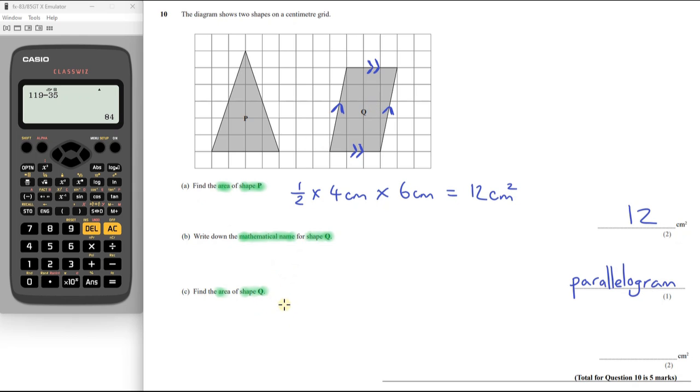So it's going to be the base, which is 1, 2, 3 centimetres, multiplied by the height. And when I mean height, I just mean the vertical height. I don't mean the diagonal over here. It's just straight up. So it's going to be 1, 2, 3, 4, 5 centimetres. And 3 times 5 is 15. So it's going to be 15 centimetres squared. So I just need to write 15 in my answer.